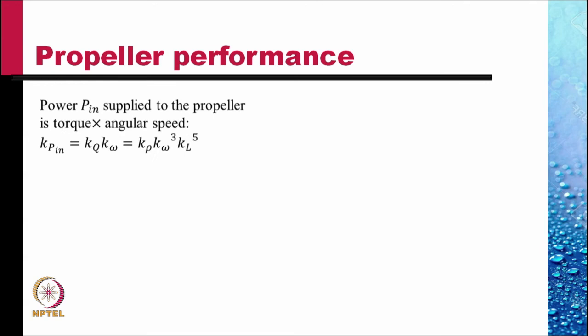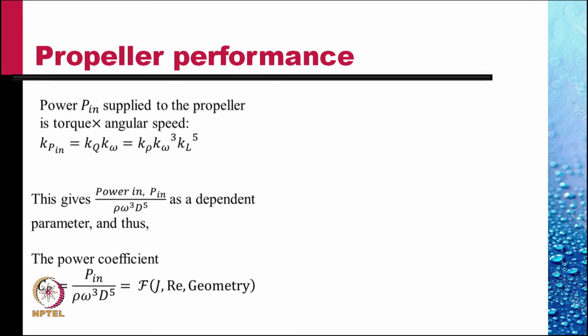The power supplied to the propeller is torque times the angular speed of the propeller. So KP in, the scale factor for the input power, is KQ times K omega, which is K rho, K omega cubed, KL raised to power 5.